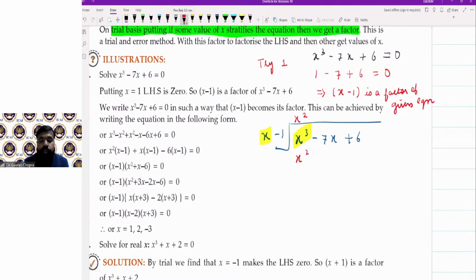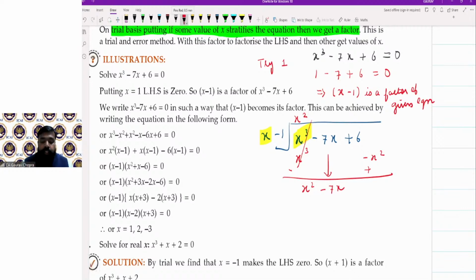So x square into x is x cube, and we are also getting minus x square. Now change the sign. It will be negative, it will become positive. Cancelled. Now what is left? x square. Next we can bring down 7x.